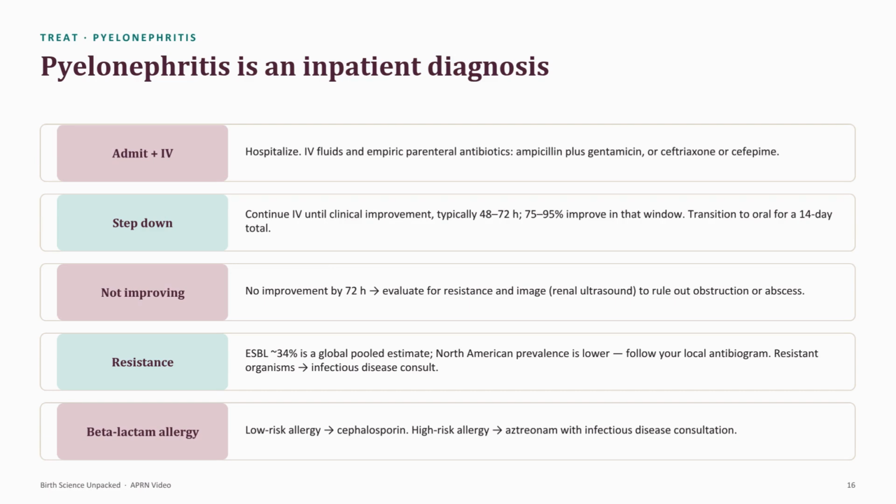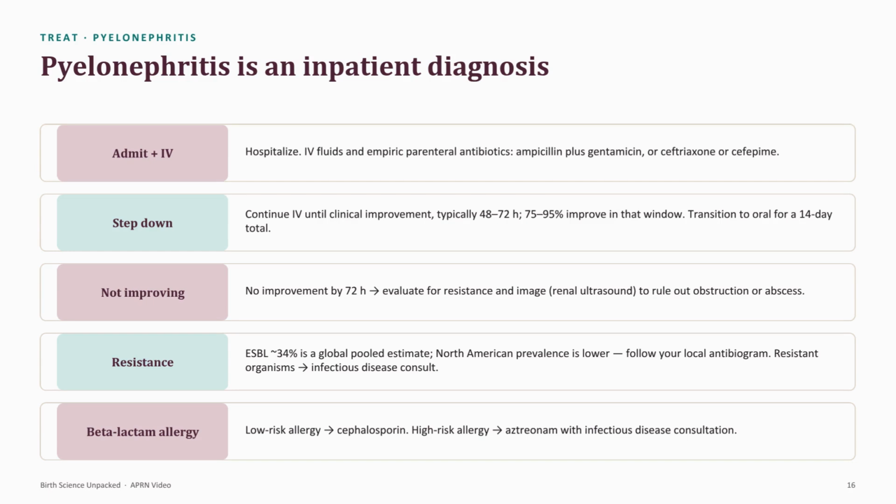If she is not better by 72 hours, think resistance and image the kidneys. Extended spectrum beta lactamase organisms are common, but the 34% figure is a global pooled estimate. North American prevalence is lower. So follow your local antibiogram and involve infectious disease when you see resistance.